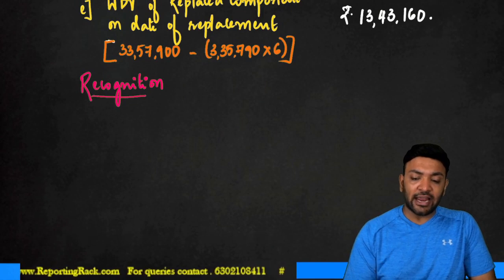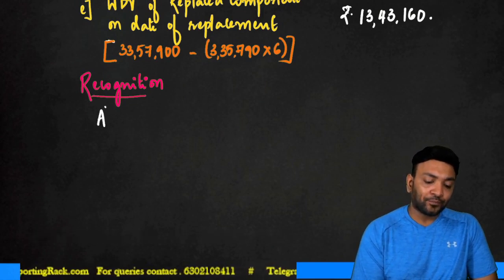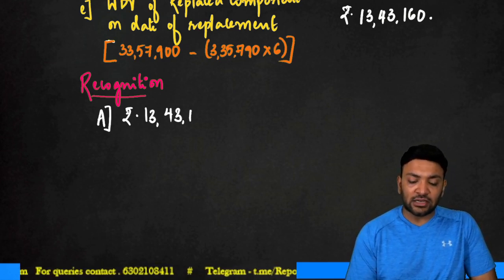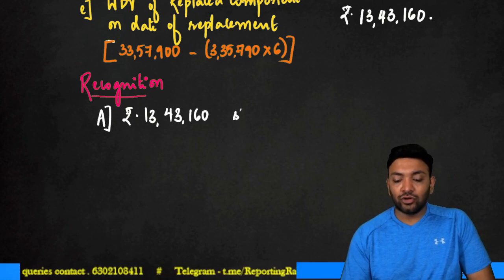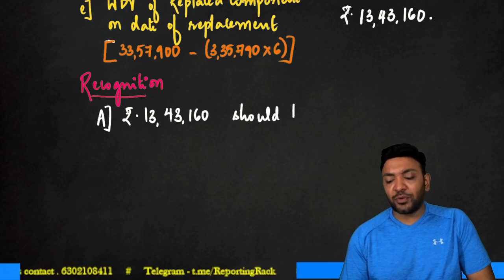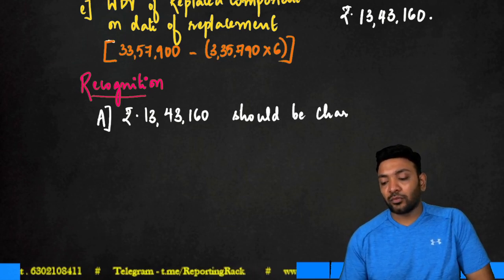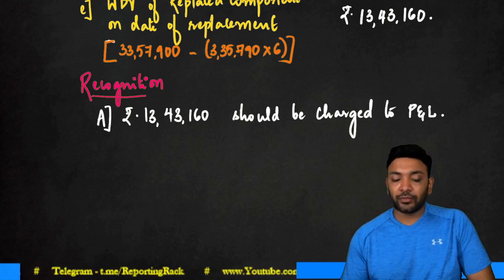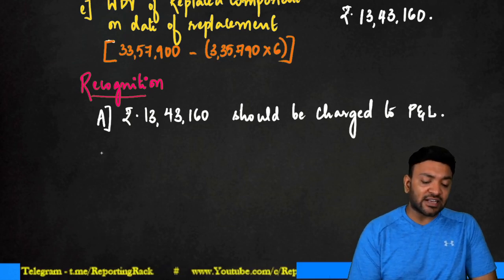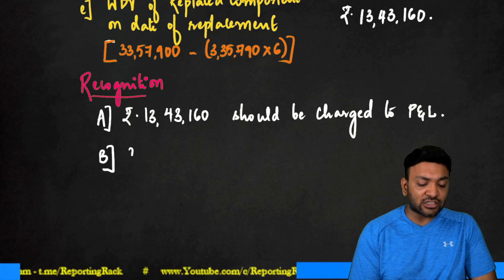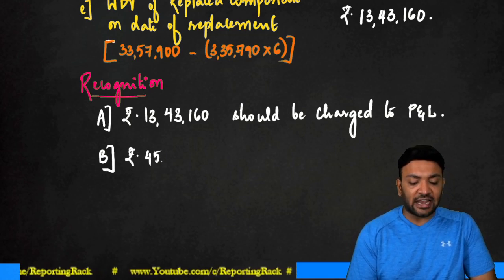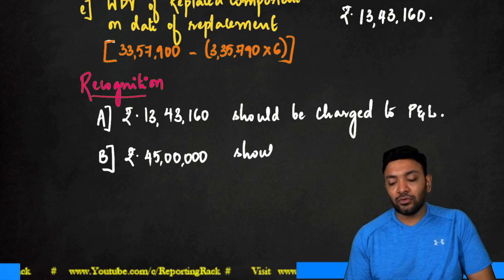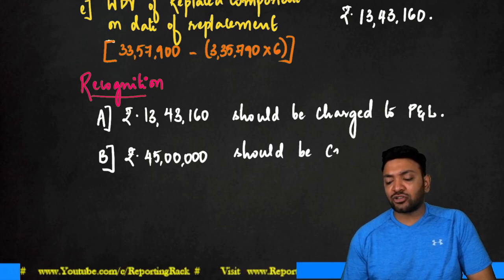Recognition part A: 13,43,160 should be charged to P&L. What should be capitalized to the cost of the asset? The cost of replacement should be capitalized to the cost of the asset, which is nothing but 45 lakhs. 45 lakhs should be capitalized to the cost of the asset.